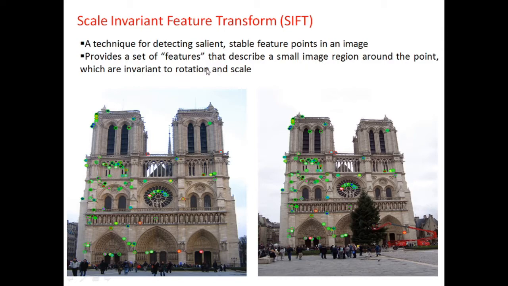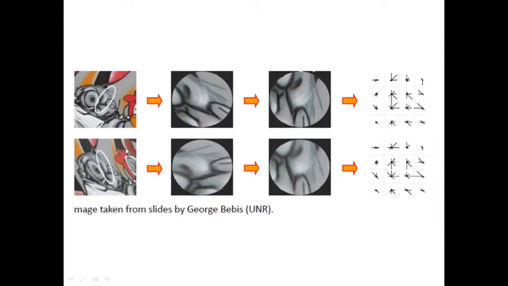I will explain how it is invariant to rotation and scale. Now you can see, I have a point here. There may be a point here and there may be a point here. So what SIFT will be doing here is providing a set of features. This feature is developed by characterizing a small region around this point such that this feature is invariant to rotation.